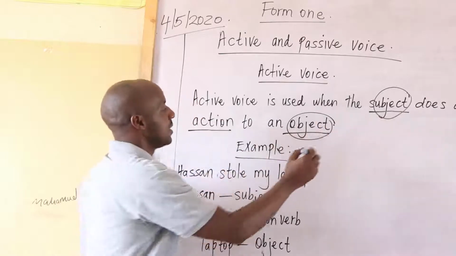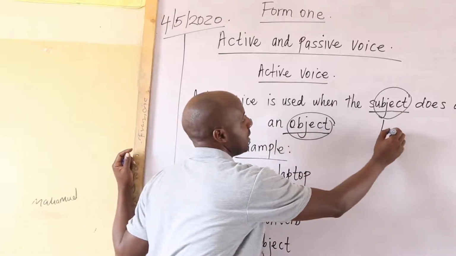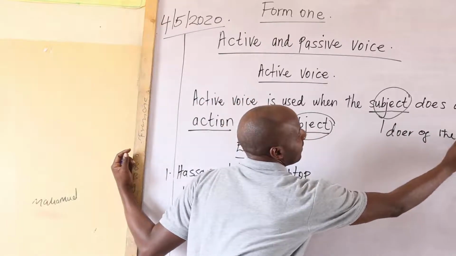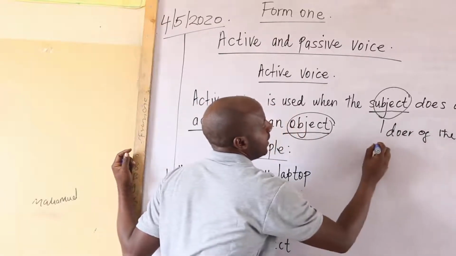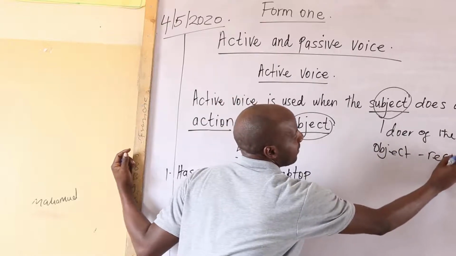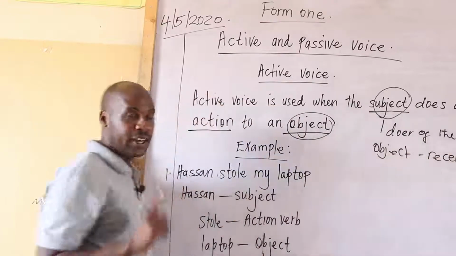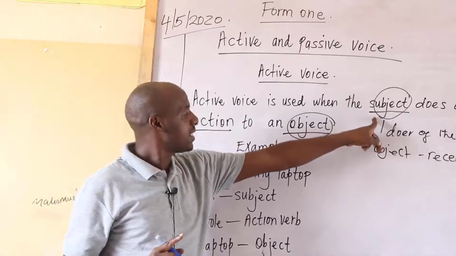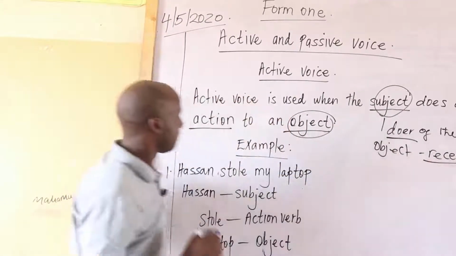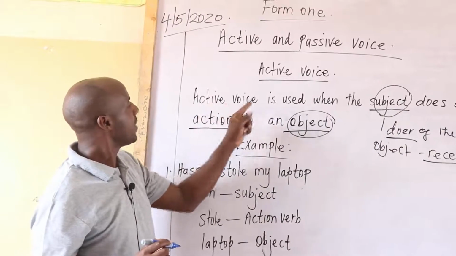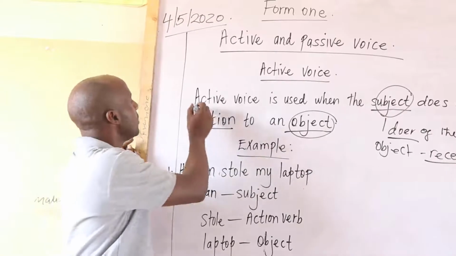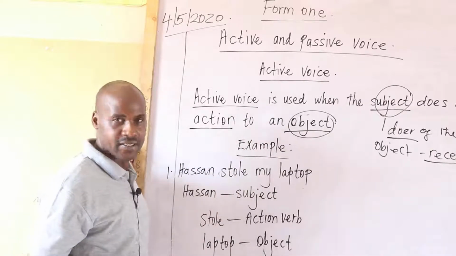Subject means the doer of the action. Then object is the receiver of the action. So the subject is the doer and the object is the receiver. So when the subject does an action on an object, we use active voice.